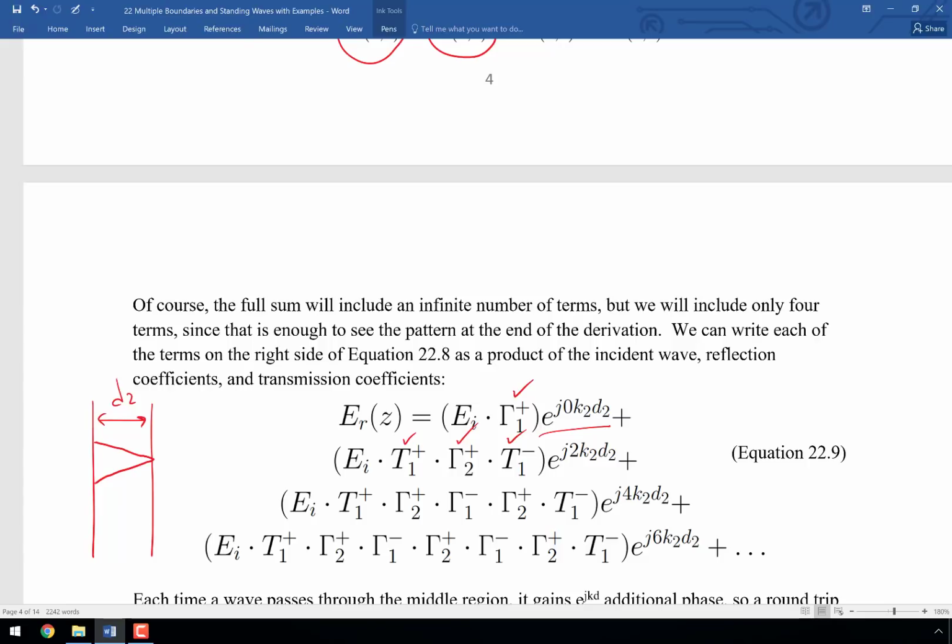Well, that total path of 2d2 is going to introduce a phase difference of e to the j 2 k2 d2. Remember that it's e to the j kz. In the middle region, k is equal to k2, and the distance is equal to 2d2.